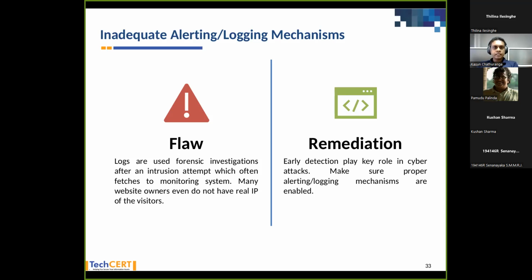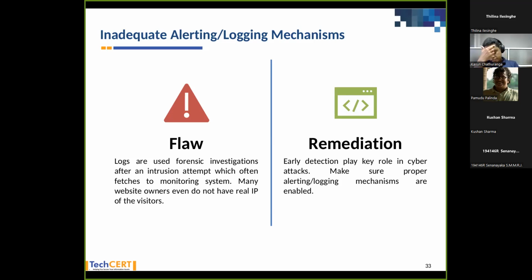And the other thing is the logging. Logs are used for forensic purposes, unless they are also analyzed by alerting mechanisms. Actually, the main purpose of logs is keeping them for forensic purposes.